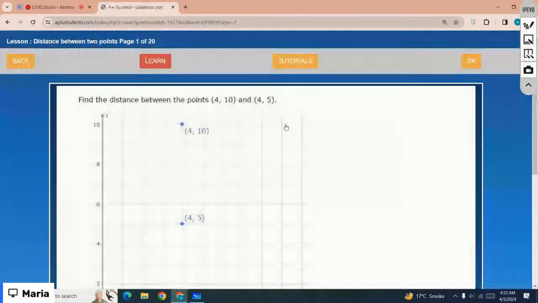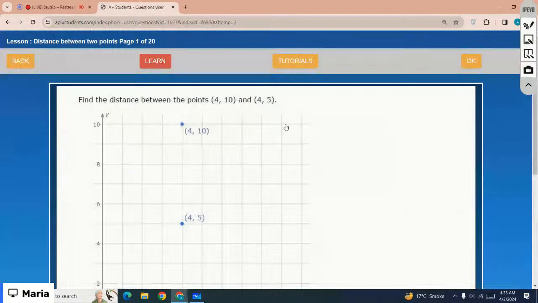Okay, find the distance between the points (4, 10) and (4, 5). So which is the correct option? They are again on the same line. You simply have to subtract the y components, right?